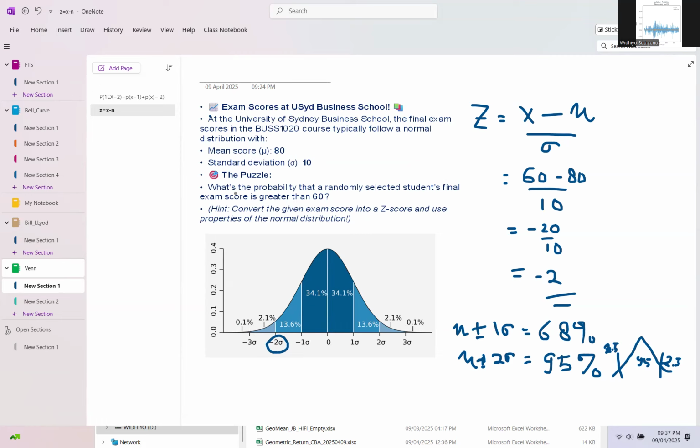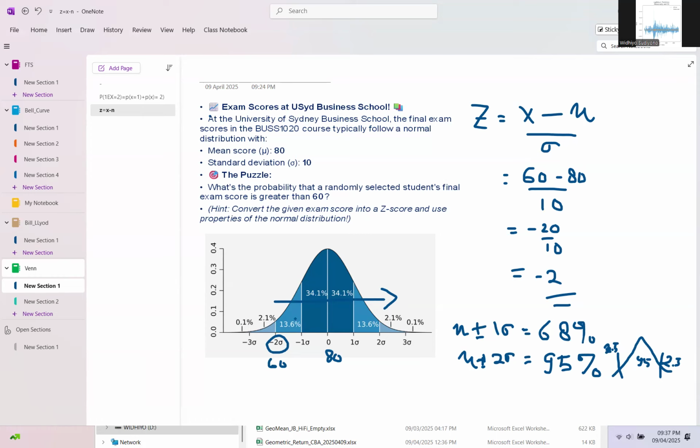And what we want to know is the probability that a randomly selected student's final exam score is greater than 60. So 80 is here, and 60 is here. We want to know the probability for 60 and above.